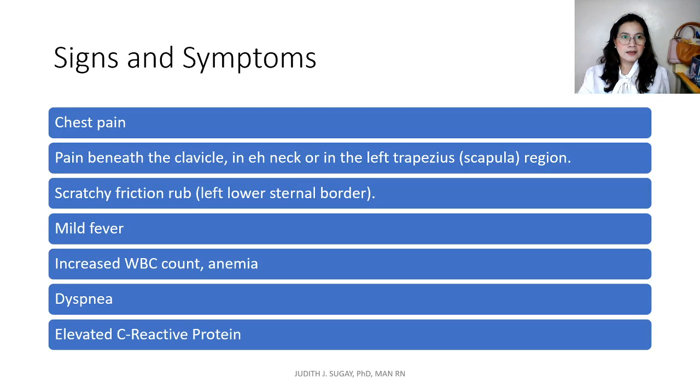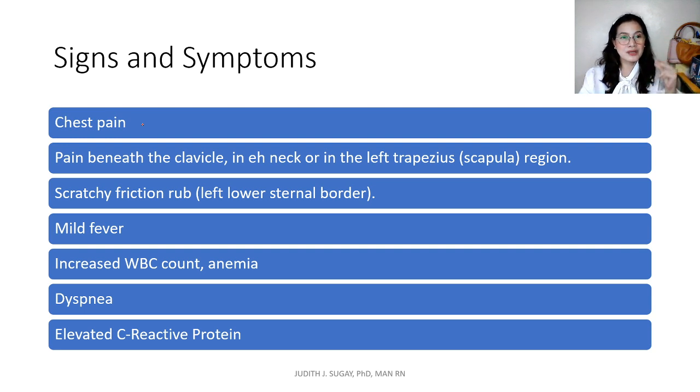Just like the other symptoms we've mentioned a while ago, they have similar ones. However, for pericarditis, most of them are asymptomatic. But should there be any signs and symptoms, we have them here. We have chest pain, pain beneath the clavicle, in the neck, or in the left trapezius or the scapular region.